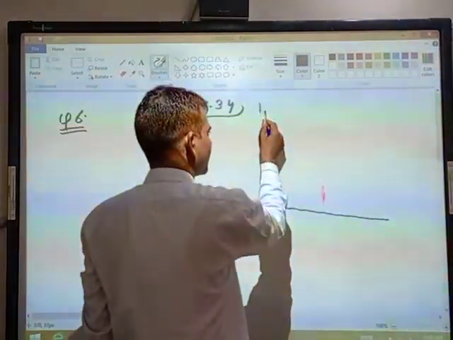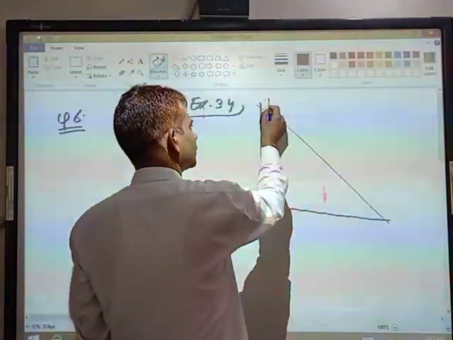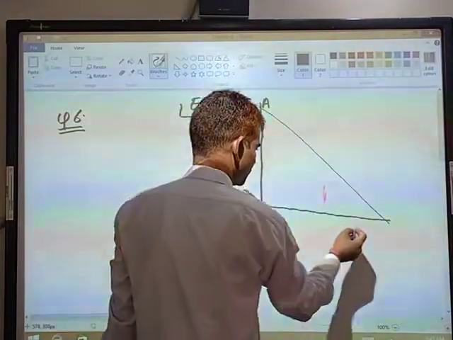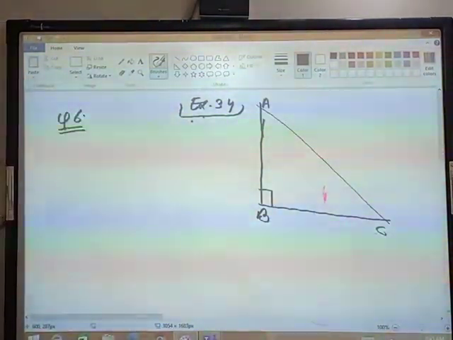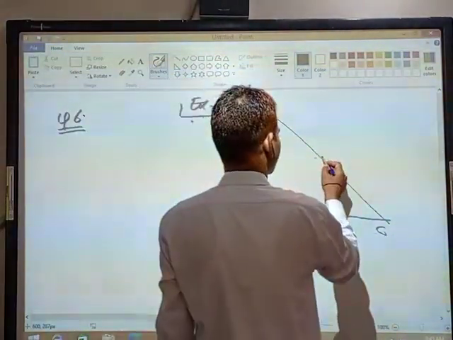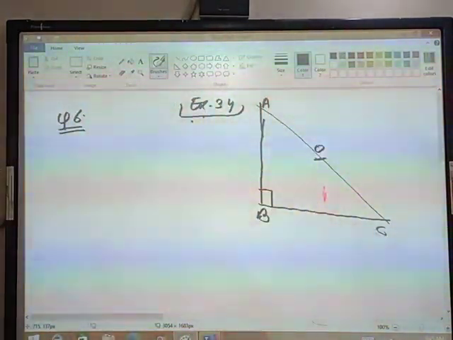ABC is a right angle triangle in which angle B is equal to 90 degrees, and O is the midpoint of the side opposite to the right angle. Explain why O is equidistant from A, B and C.